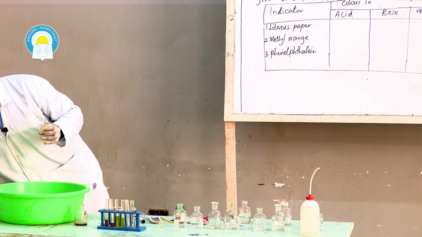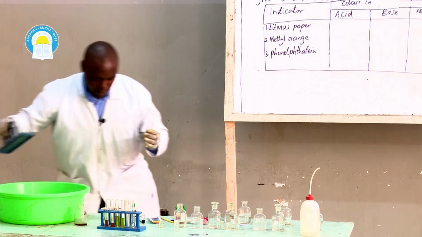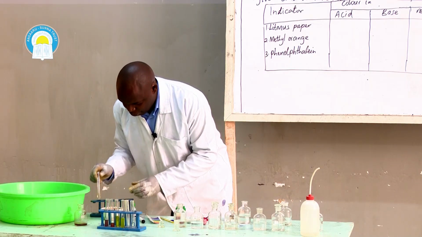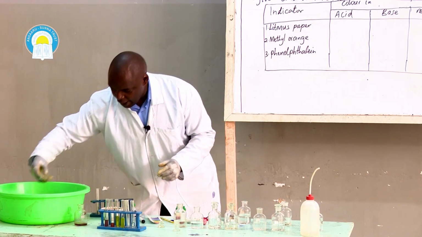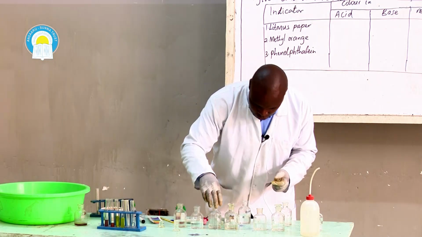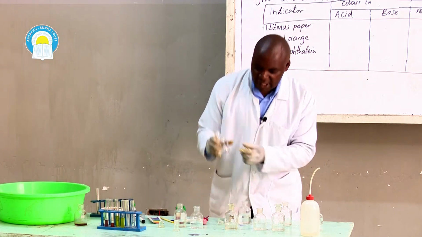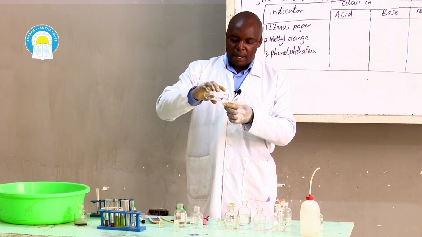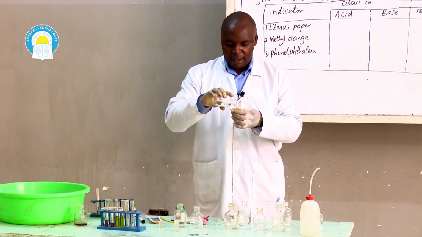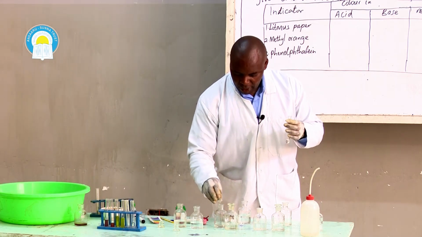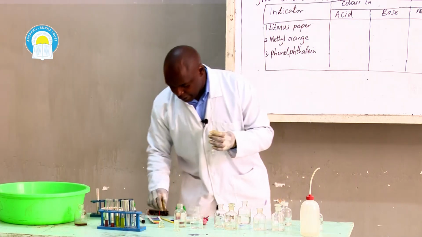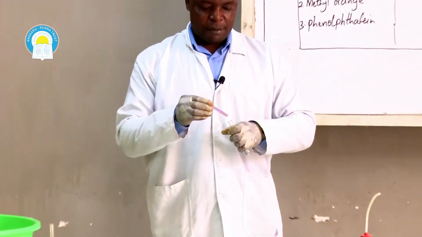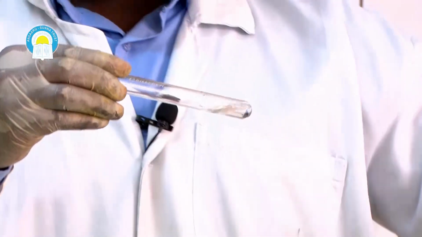Let me have another solution of propanoic acid and see whether the litmus paper is also going to turn red. I add that propanoic acid in a test tube and then take the blue litmus paper.